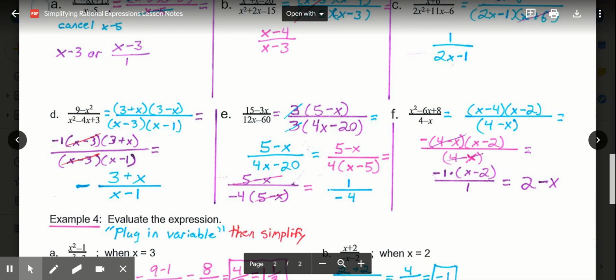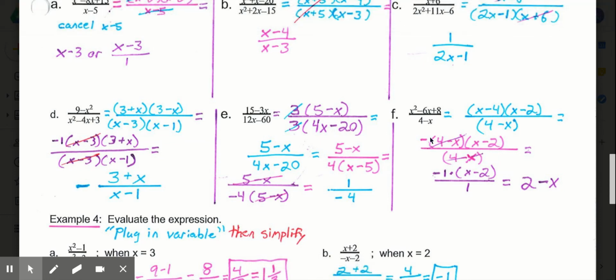So we want the x minus 4 and the 4 minus x to match up. So I'm going to take my x minus 4 and factor out a negative 1. That turns it into negative on the outside times 4 minus x. So that allows the 4 minus x's on top and bottom to cancel.